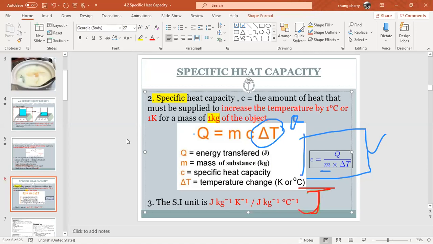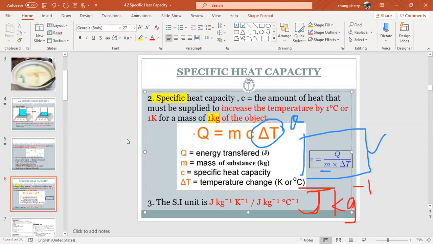Then for your mass, what is the unit for mass? Kg. Yes. Since it is over, it will be kg^-1.